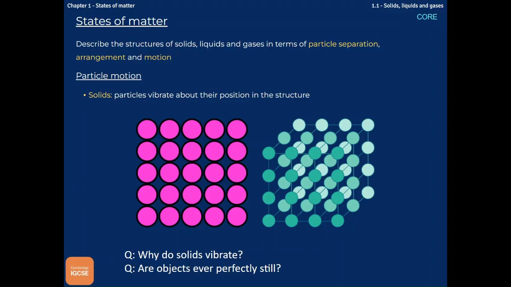So why do solids vibrate? All particles have energy. Everything has energy, right? And any amount of energy will cause motion. So a solid that has energy will be vibrating even if you can't feel it.